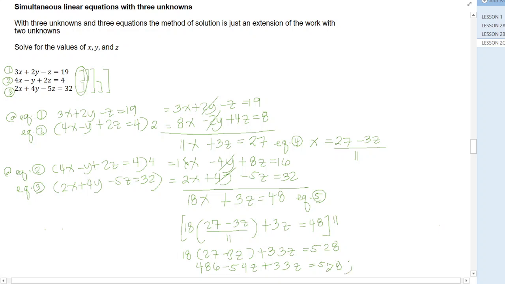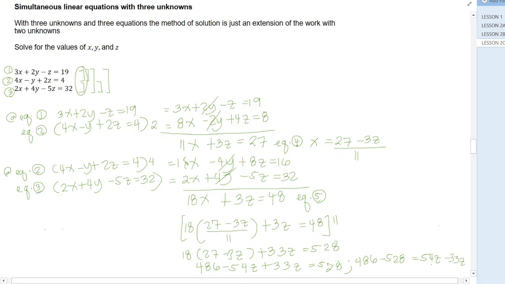Okay, so now we are ready to get the value of z. Transposing that, we have 586 minus 528 is equal to, let us transpose, 54z minus 33z.